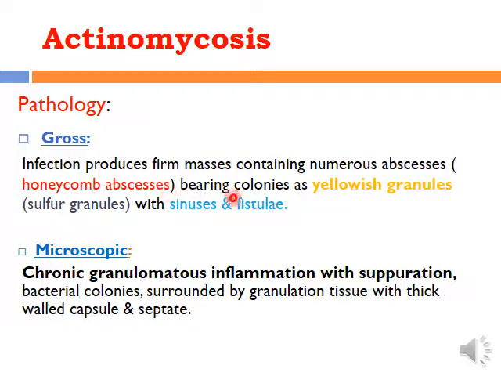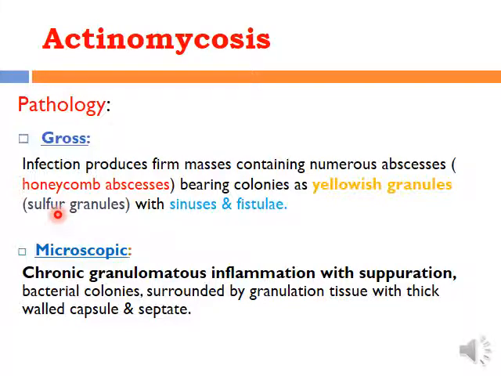Inside their cavities they contain colonies of the microorganisms, تجمعات من الميكروorganisms, and these colonies appear as yellowish granules عبارة عن حبيبات صفراء, which took the name sulfur granules. They are not true sulfur granules, but their appearance is similar to sulfur.